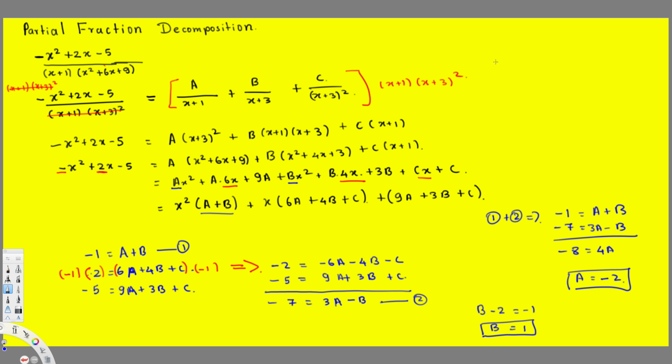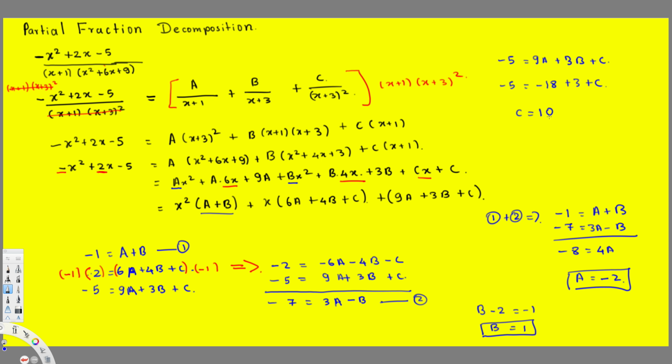So minus 5 is equal to 9a plus 3b plus c. With a equal to minus 2, it's going to be minus 18, plus 3b with b equal to 1, so this is going to be 3, plus c. If I add them together, this is going to be minus 15, and if I bring it to the other side, it's going to be plus 15 minus 5, so c is going to be equal to 10.